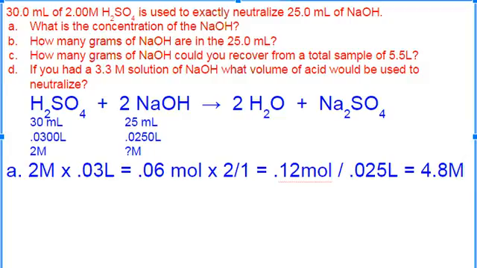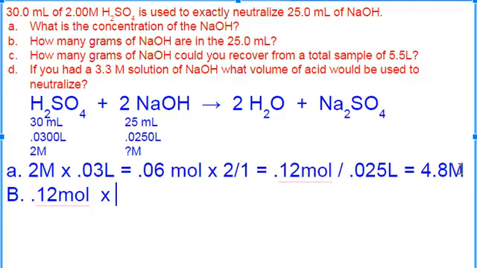Question B then wants to know how many grams of NaOH are in this 25 milliliters. So now I take my molar amount, 0.12 moles, times the molar mass of NaOH.